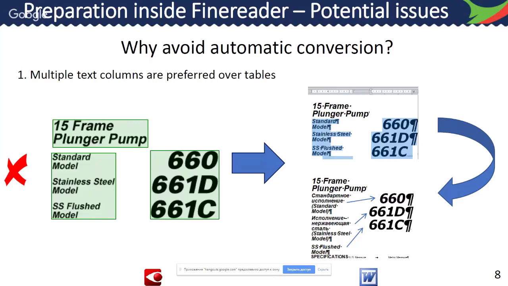At the bottom on the right, you can see what happens after the text expands during translation. Equipment models on the left do not align with the numbers on the right. This case is simple enough to correct by inserting line breaks, but you will have to do this again if you change font size. At any rate, if your customer tries to edit the document, they will not be happy.